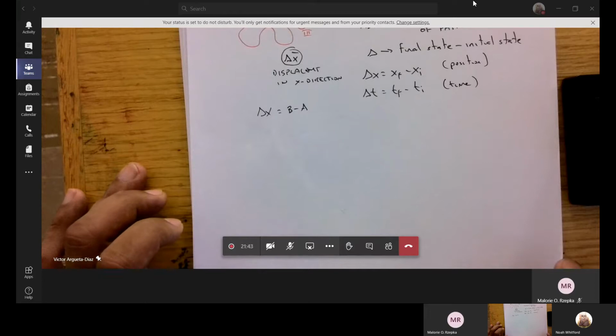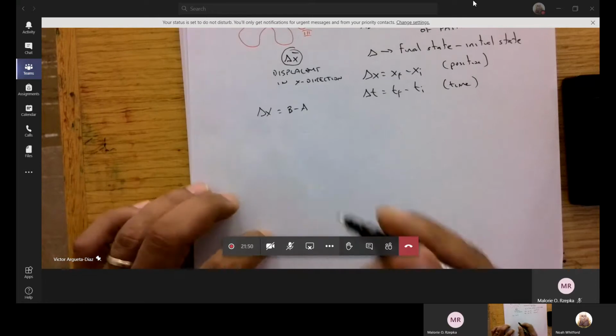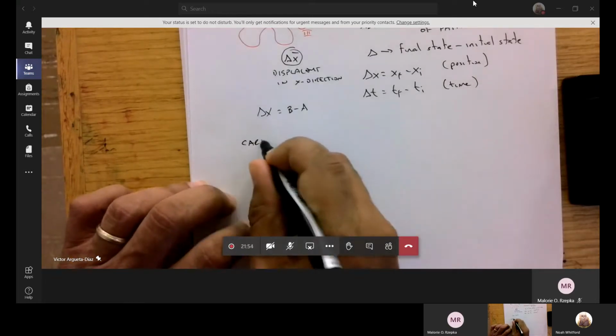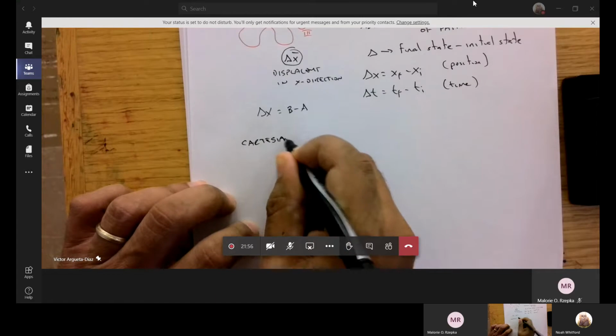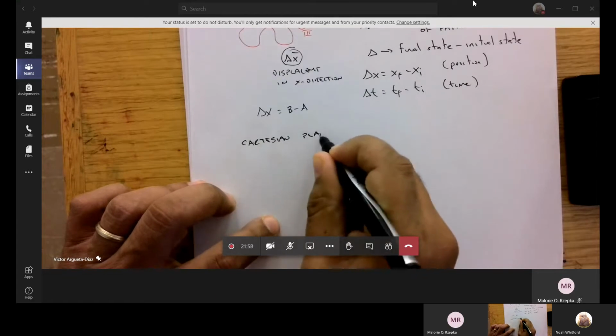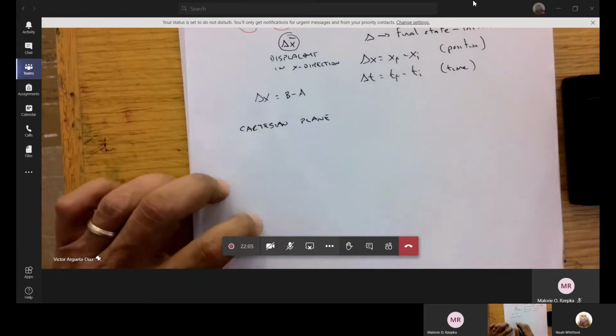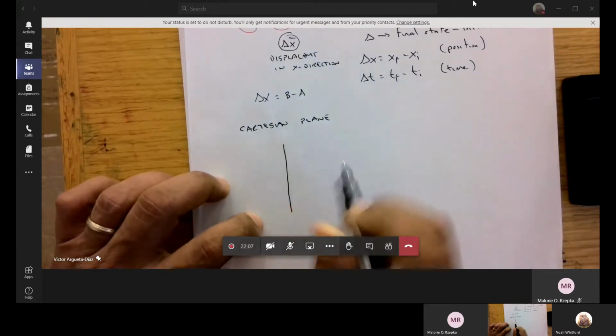We need a way to compare different vectors with the same scale. So what we use is called the Cartesian plane, which is just two straight lines perpendicular to each other. It's going to look something like this.